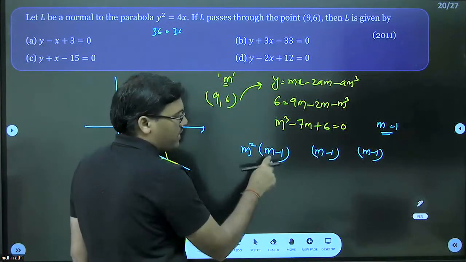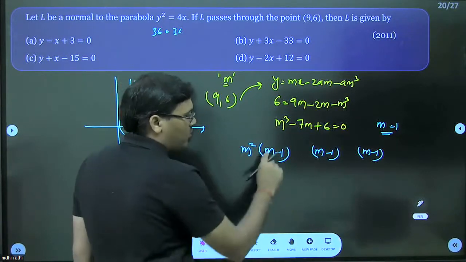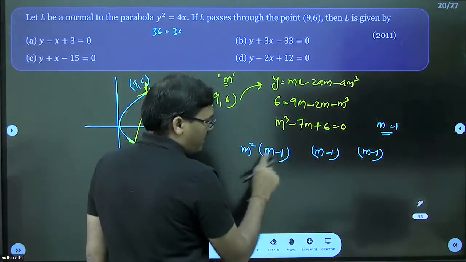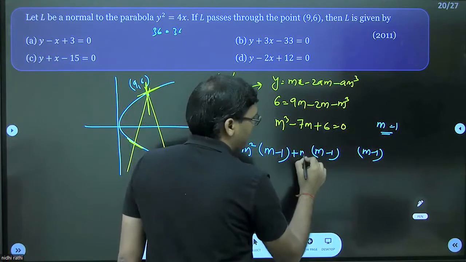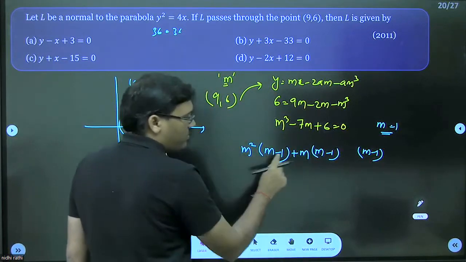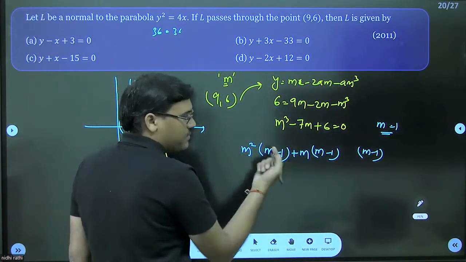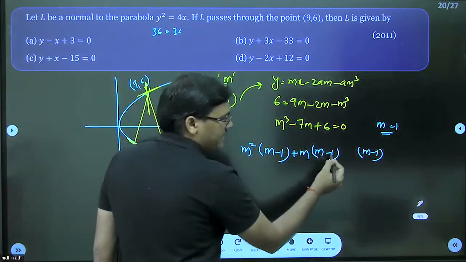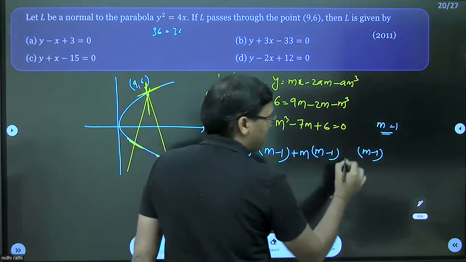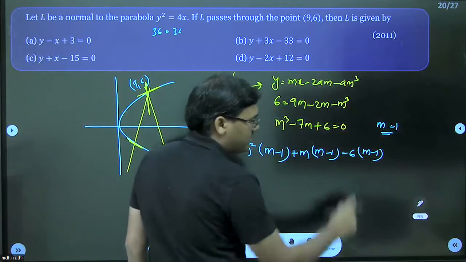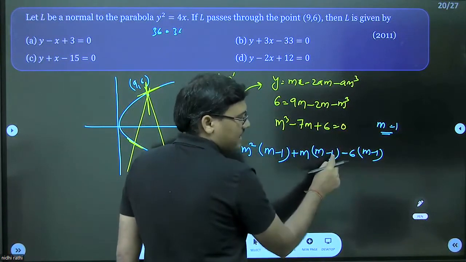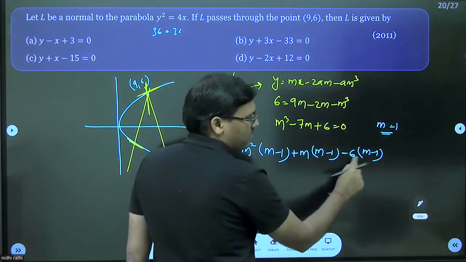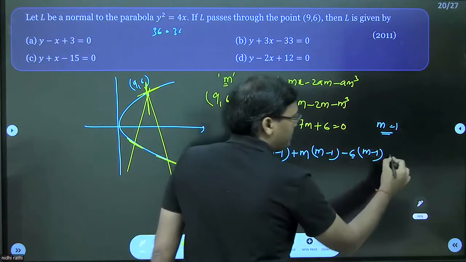So m square into m will become m cube. I don't want the m square term. Here you have minus m square, so this is plus m, m square minus m square cancel. Then we have minus m here. I want minus 7. This will be minus 6. You can see this is minus 6m minus m will become minus 6m, and you can directly get 6. This is equal to 0.